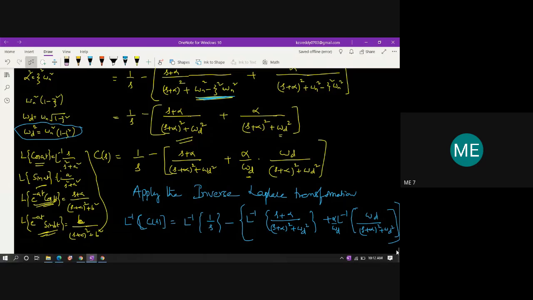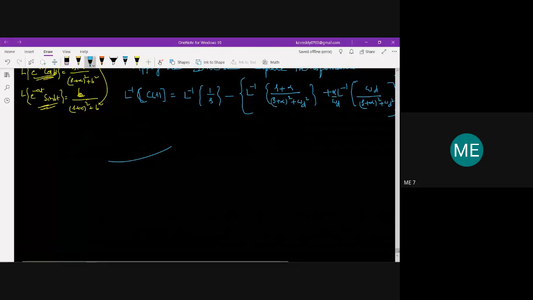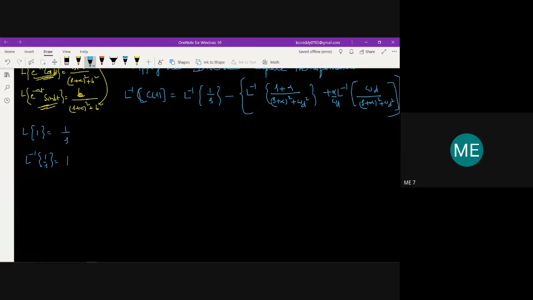After applying this inverse Laplace transformation, L inverse of 1 by s is 1, because we know that the Laplace transformation of 1 is 1 by s. Similarly, C of s will become C of t, because the Laplace transformation of f of t is equal to F of s, so L inverse of F of s becomes f of t.